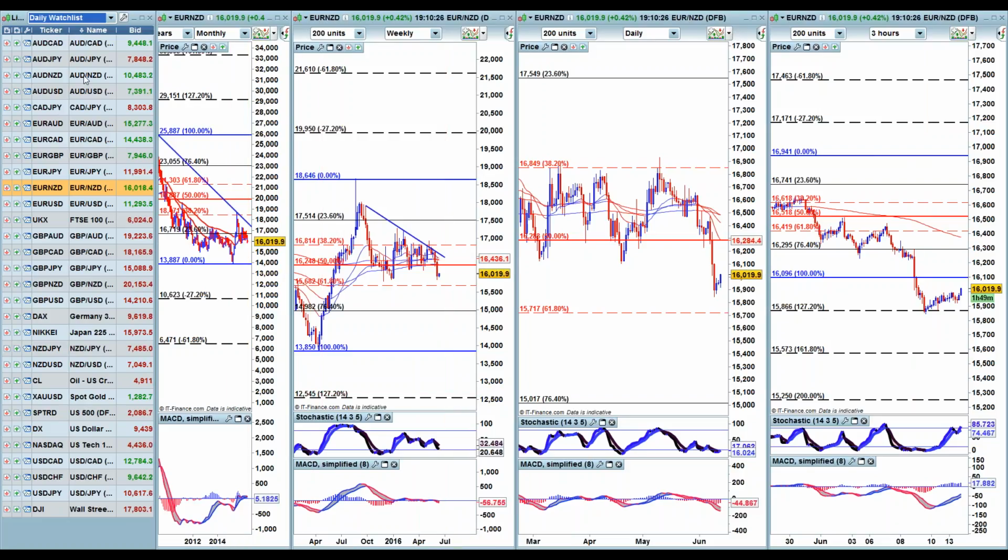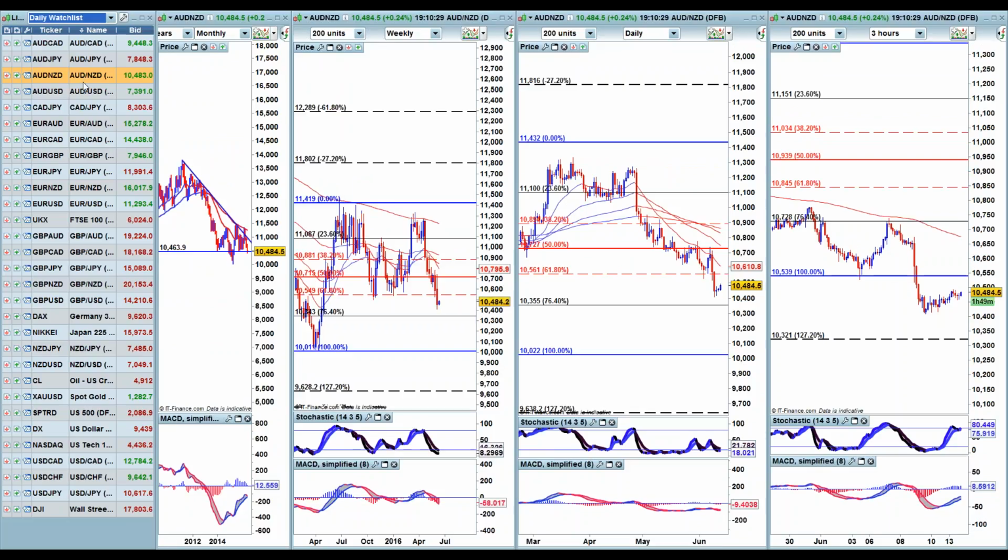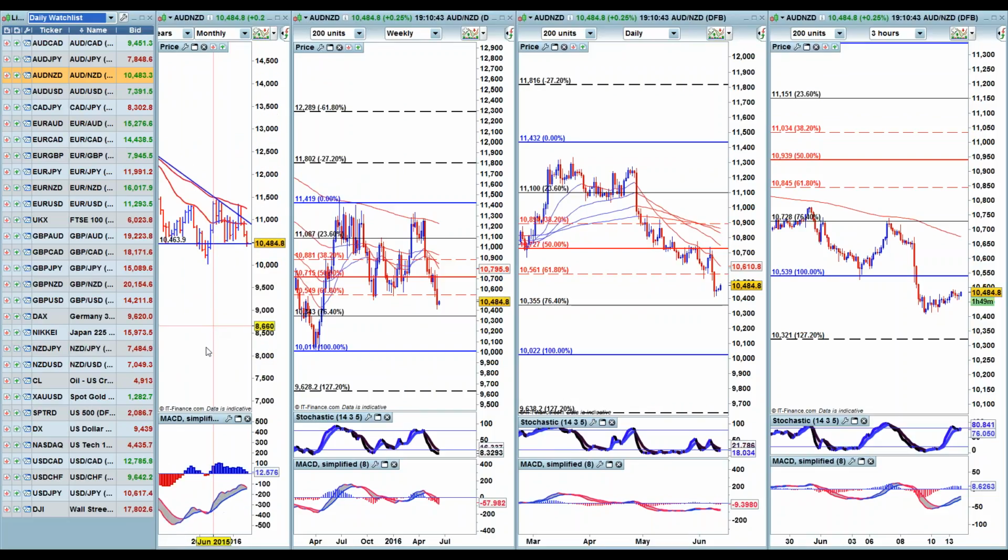So things to keep an eye on, the Aussie New Zealand. This is very similar to the bar that you can see on the Euro New Zealand. Looks very similar pattern, doesn't it? Look at it. We've had a couple of weeks, and now we're just pushing up into that resistance level. So 540 is going to be crucial.